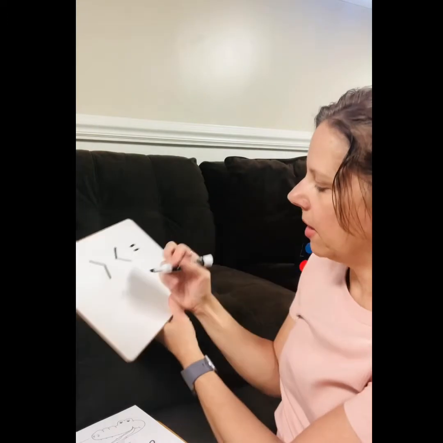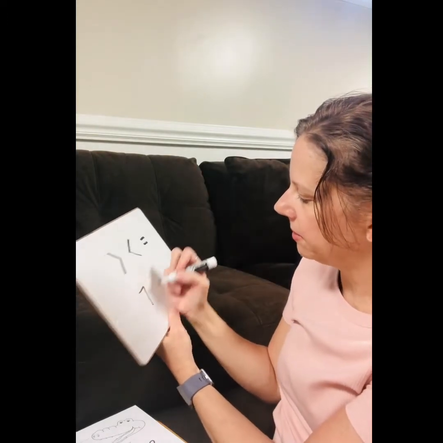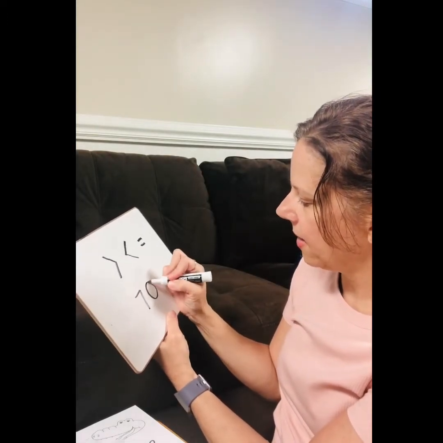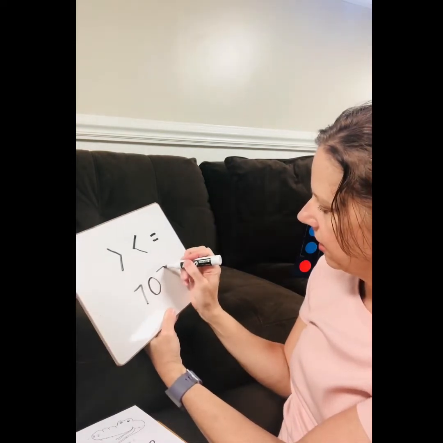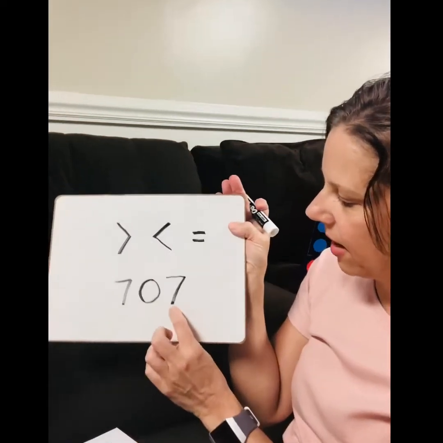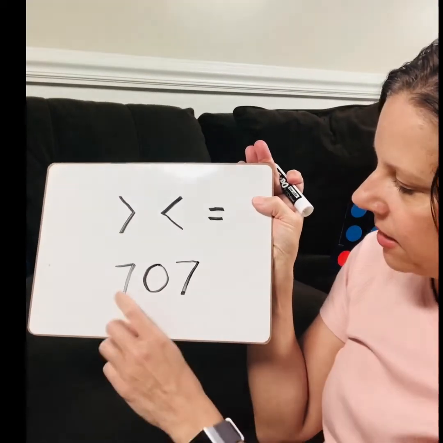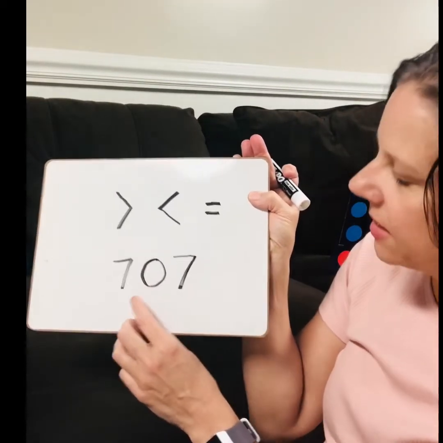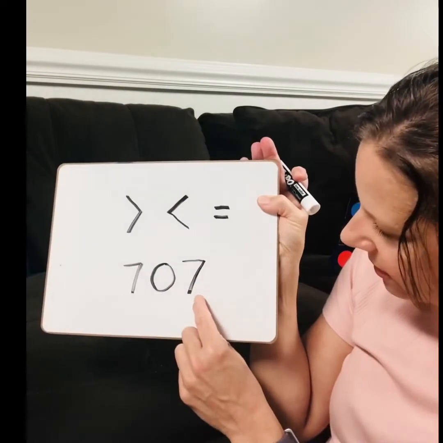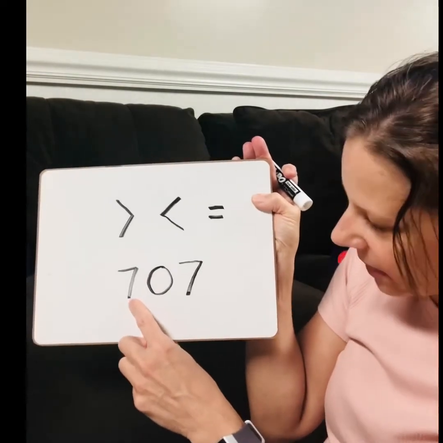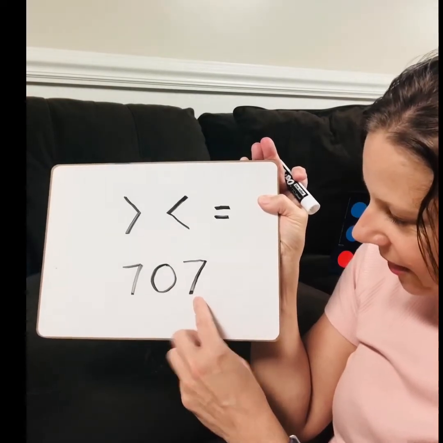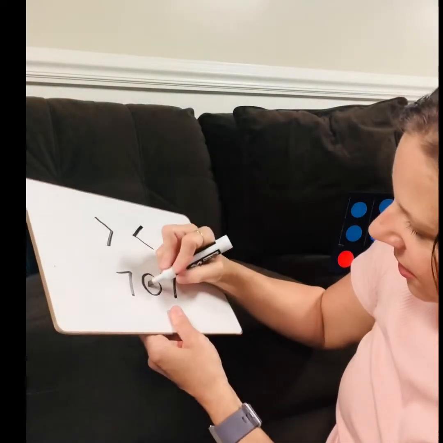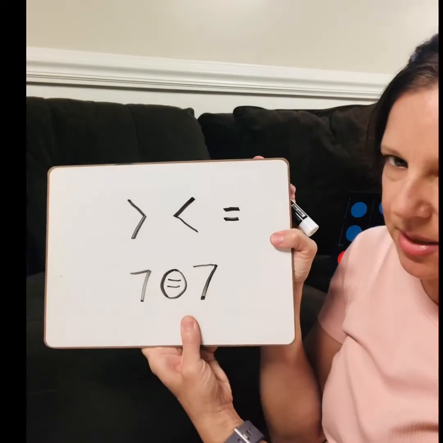If I have the number, let's say 7, and I have to put one of these symbols in the center here, and I have the number 7 on the other side, 7 is the same as this 7. So if I have 7 items over here and I have 7 items over here, I am going to use this symbol, which means equal.